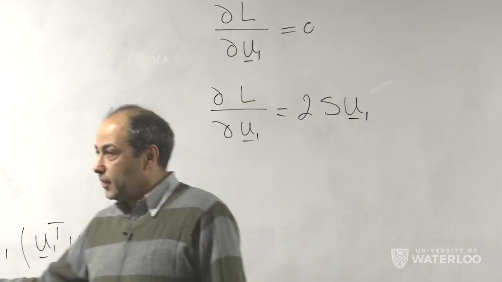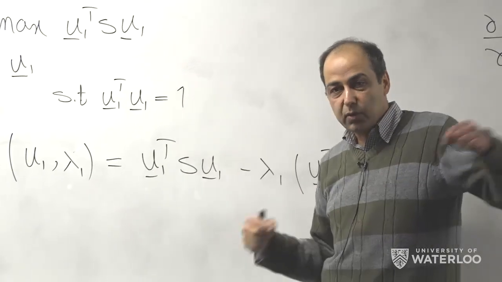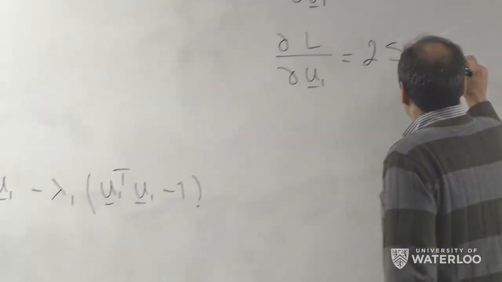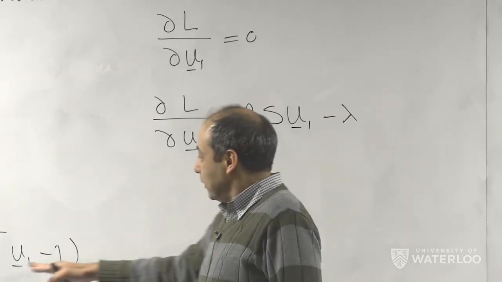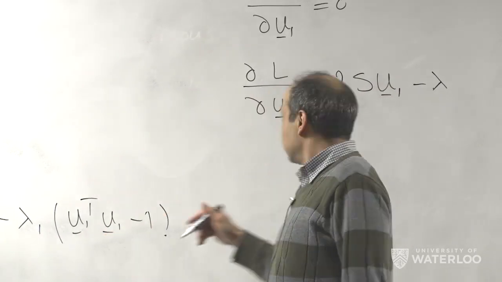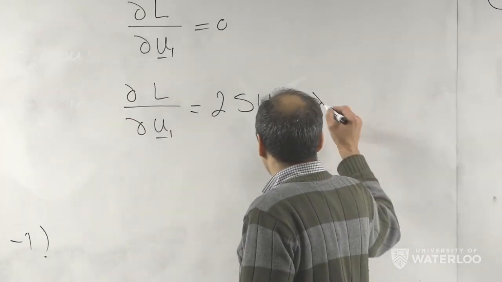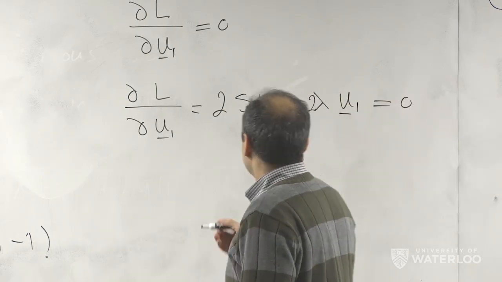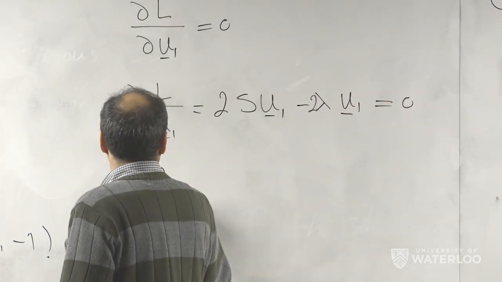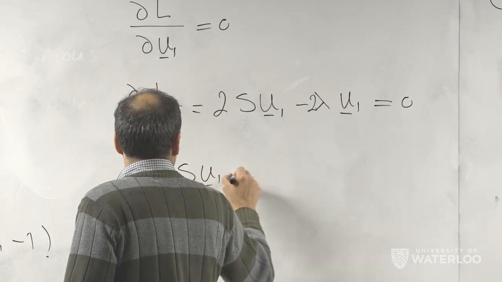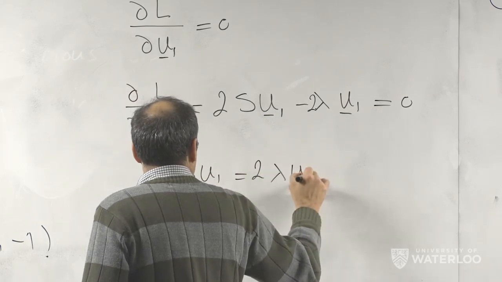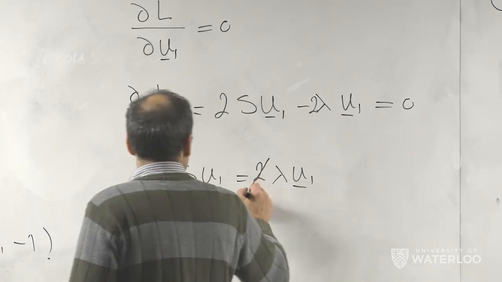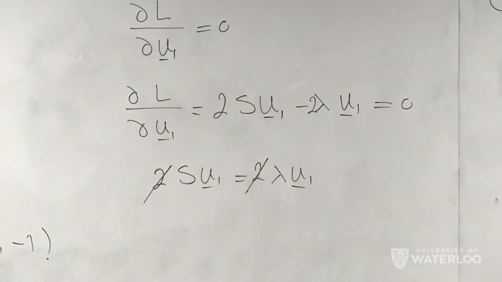This is a scalar, and the derivative of a scalar with respect to a vector is a vector. Minus lambda, this is quadratic also, and the derivative would be 2 u1. This is 0. So it means that 2 S u1 is 2 lambda u1, and it means that S u1 is lambda u1.